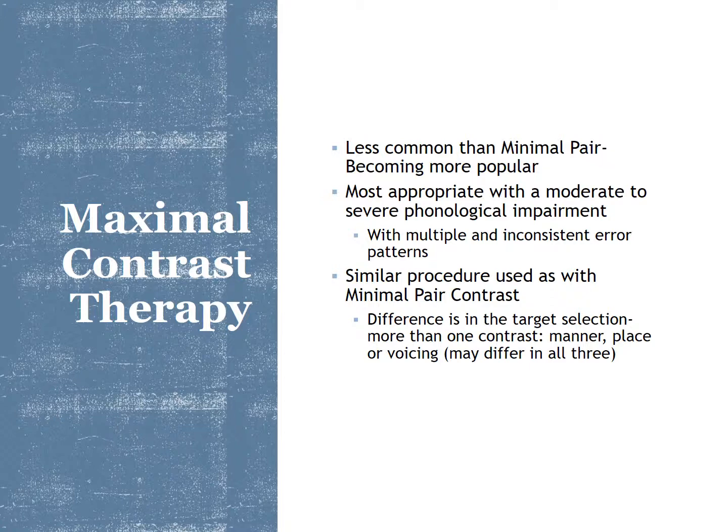So it's going to be more than one contrast, so not just one contrast of manner, place, or voicing, but here you're going to have more than one. So you might have manner and place, you may have manner and voicing, you may have place and voicing, and remember, right, you could even have all 3 of those contrasts being different.